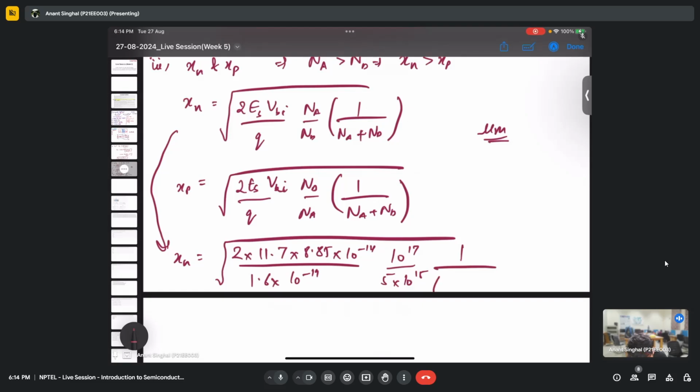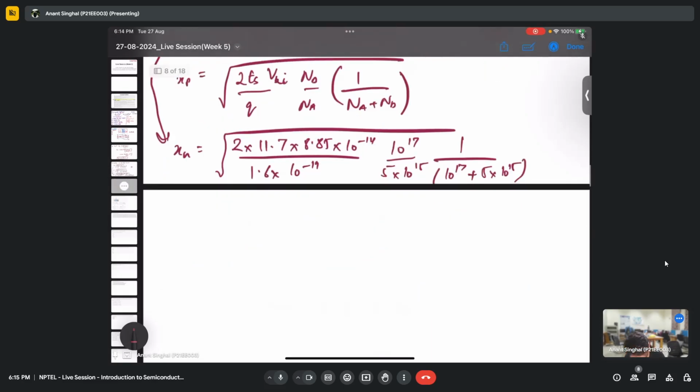So it will be 10 raised to 17 plus 5 into 10 raised to 15. If someone has got the answer, they can already let me know. Otherwise, I'll solve it.